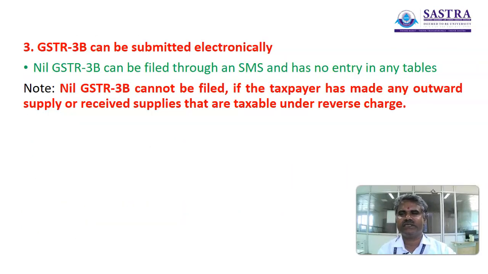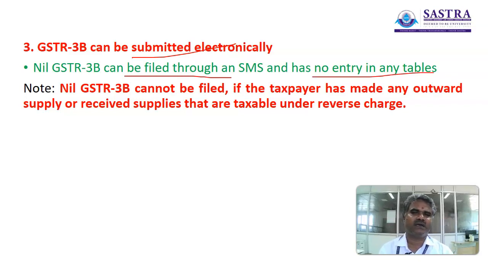GSTR 3B can be submitted electronically only. A nil GSTR 3B can be filed through SMS and has no entries in any table. There is no information, no problem. Even if you don't have a single transaction, you have to file the return.